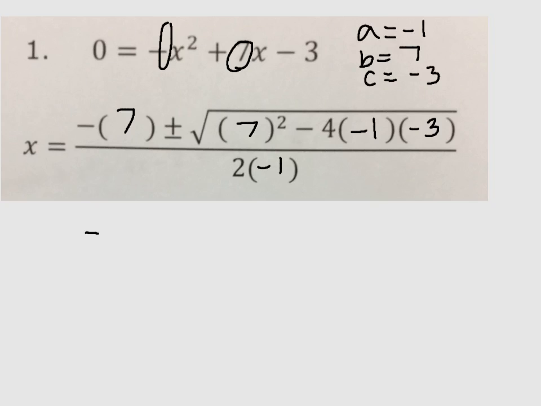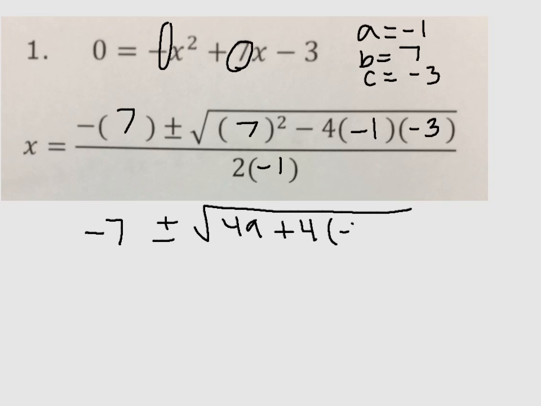So I'm going to just bring down the negative 7 right now. Plus or minus the square root of, what's 7 squared? That's 49. Minus 4 times negative 1 times negative 3. So we know 4 times negative 1 is negative 4, and negative 4 times negative 3 is positive 12. I'm just taking it a step at a time.